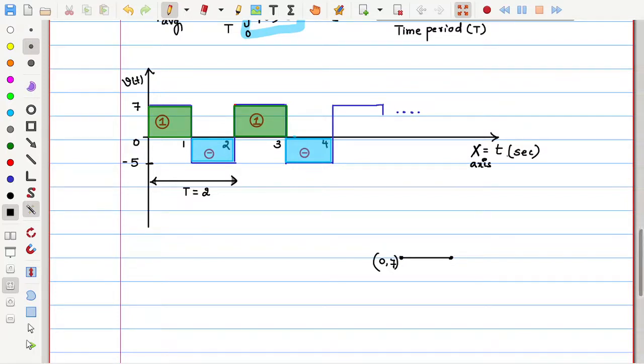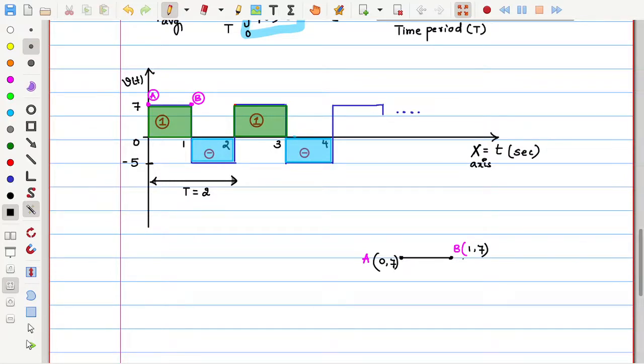Let me mark some major points: this is A, this is B. The point A is (0, 7). What about the point B? Point B has x coordinate 1 and y coordinate 7.